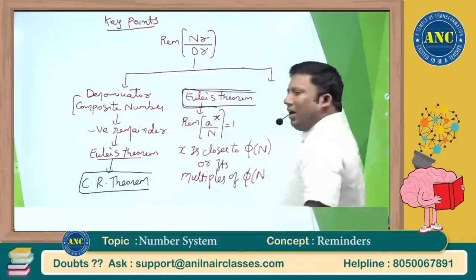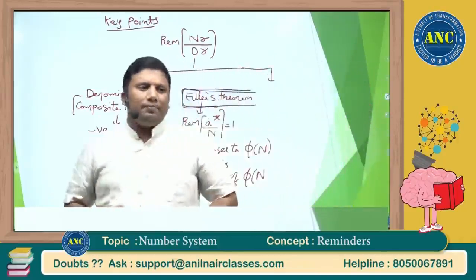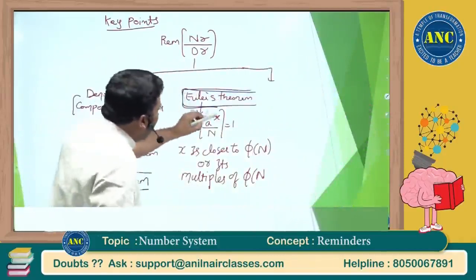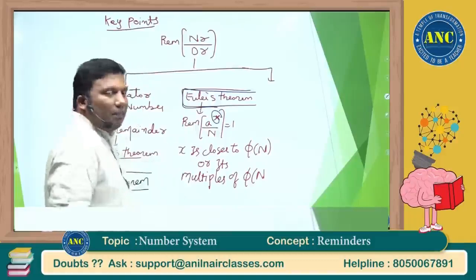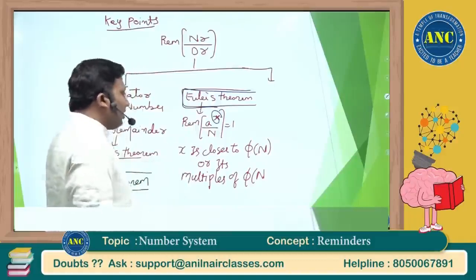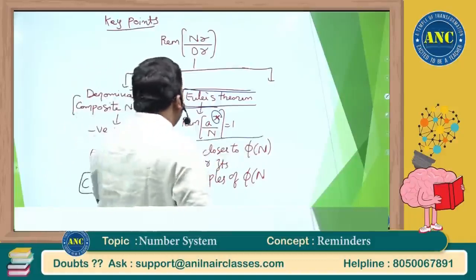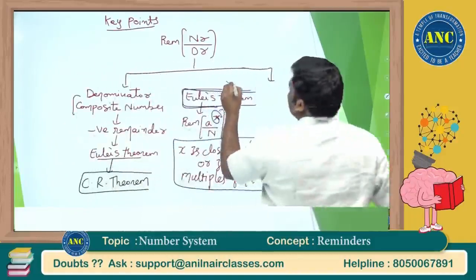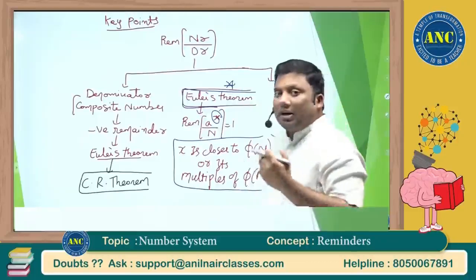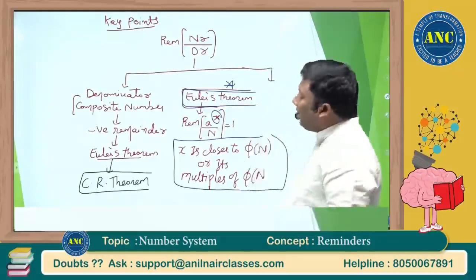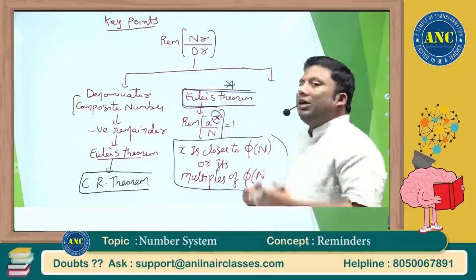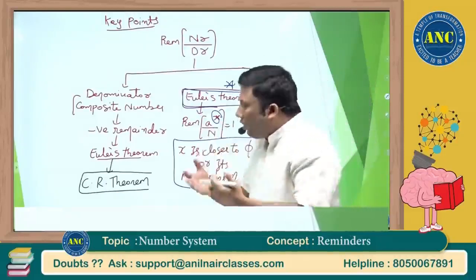Euler's theorem is the best method if the power of the numerator is closer to phi of n or multiples of phi of n. Please make a note of it. If the power of the numerator is not closer to the totient function of the denominator, it might take a little more time.